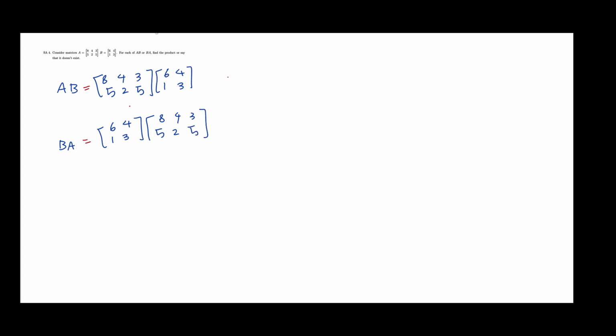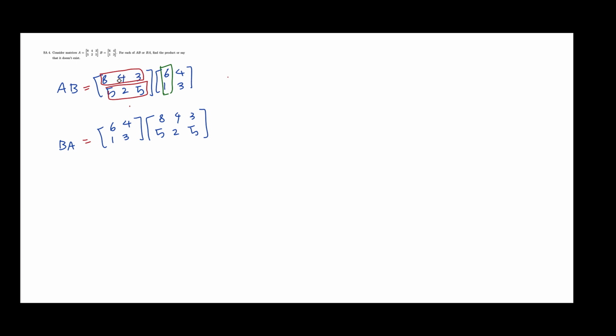For the first one, what you want to notice is that you take the row vectors in the first matrix, and then you basically multiply that by the column vectors in the second matrix. They have to match in numbers.